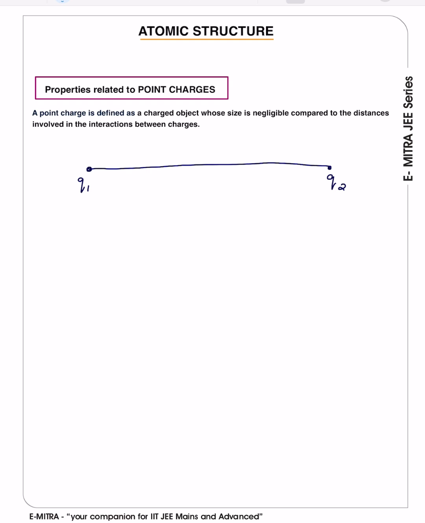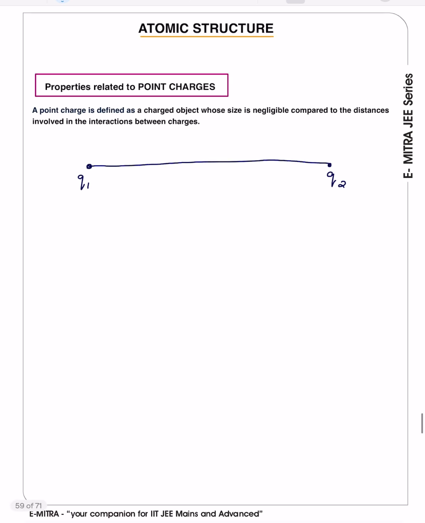Okay. Another important thing regarding point charge is that whenever we calculate the charge, charge is always taken as an integral multiple of the charge on the electron. For that we use a formula Q is equal to n e, where n is what? n is an integer: 1, 2, 3, 4 and so on.